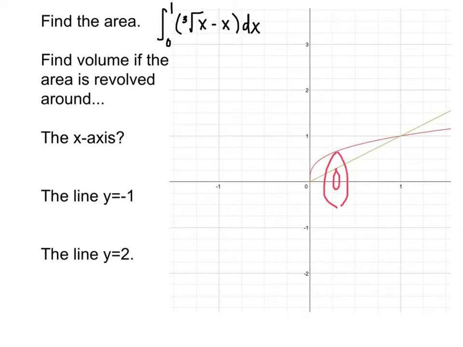Each cross section would look like a washer because it would have an outer circle with a hollowed out inner circle. I'm just going to write cross section right here. You look at it head on, you'd have a circle, and then a circle on the inside. You get the big radius by evaluating the big function, cube root of x, and the little radius you'd get by evaluating the little function.